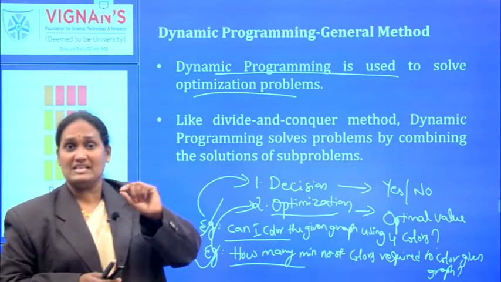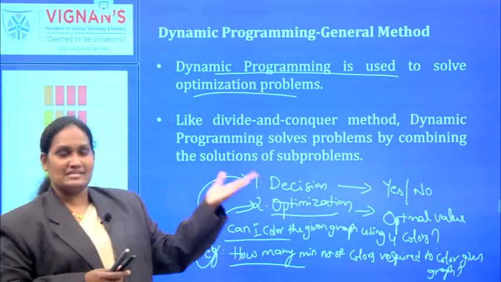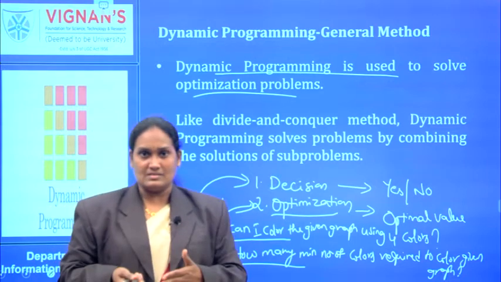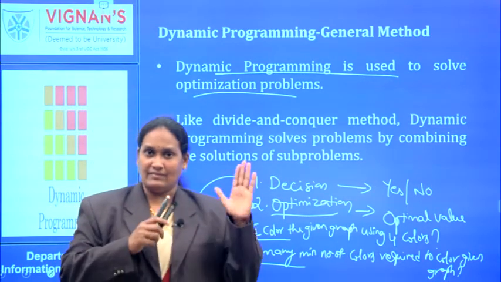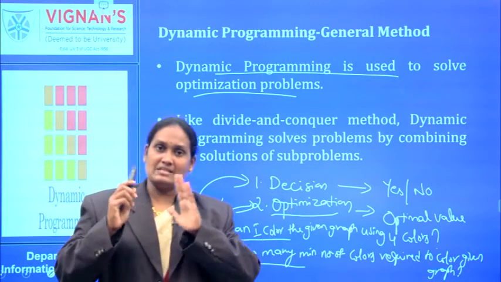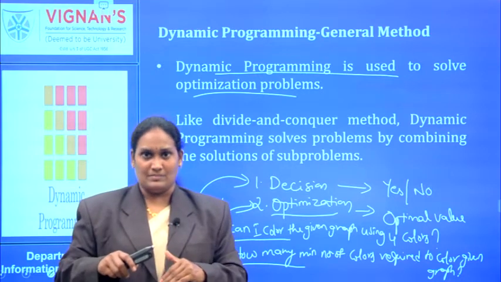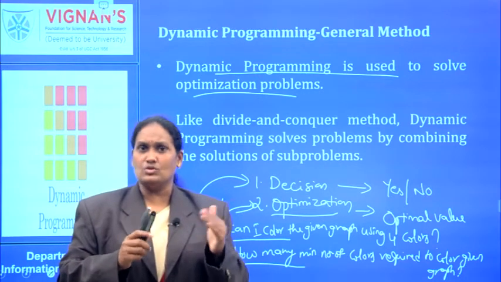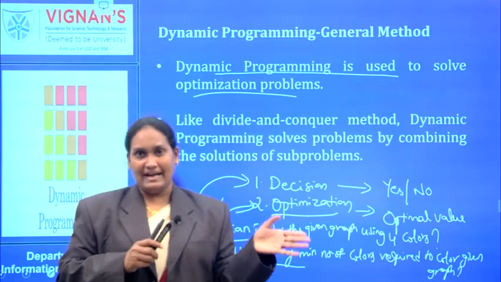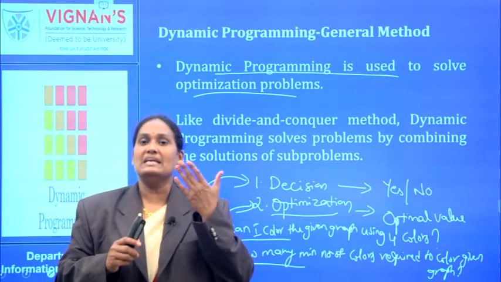But there is a difference between divide and conquer and dynamic programming. What is the difference? There subproblems are present, here also subproblems are present. In divide and conquer, we divide the problem into subproblems, and in dynamic programming also, we divide the problem into subproblems. What is the difference then between those two? In divide and conquer, the subproblems are independent of each other.